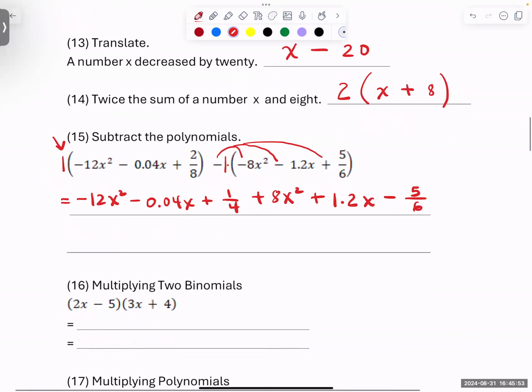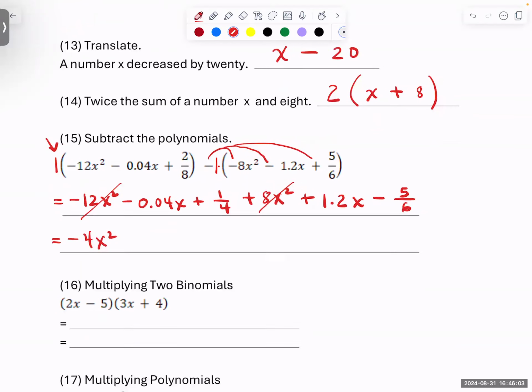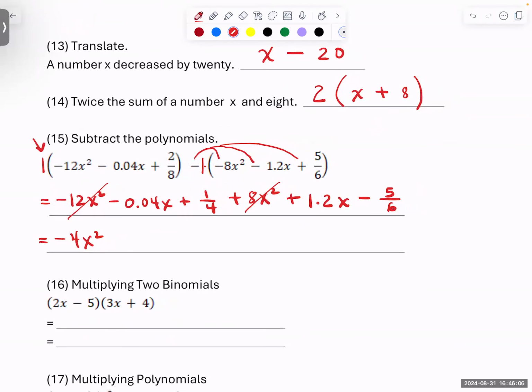Combining like terms, the square terms, negative 12 plus 8 is negative 4x squared. Now the linear terms, minus 0.04x plus 1.2x, we'll have to subtract. 1.20, add a 0 to the far right, and subtract 0.04. You can think of that as $1.20 minus 4 cents, which would be $1.16.